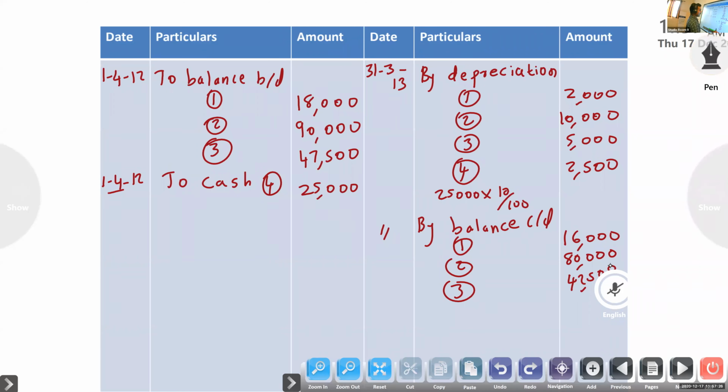Then 4: 25,000 minus 2,500, so 22,500. Then debit side total, so 1,80,500.